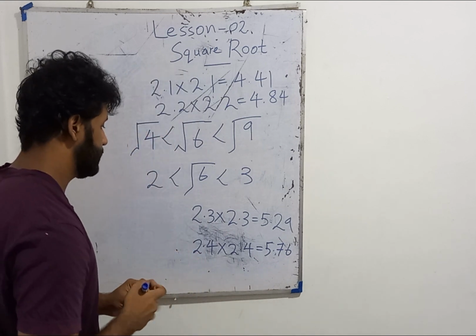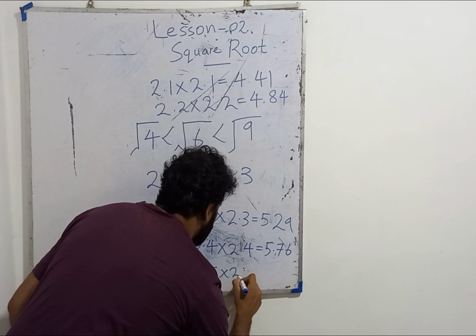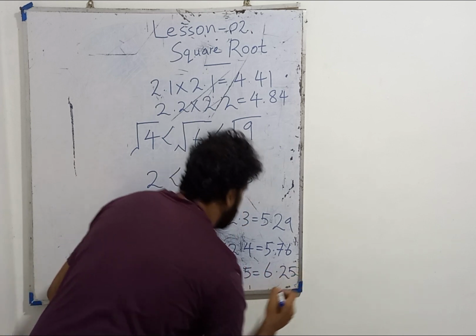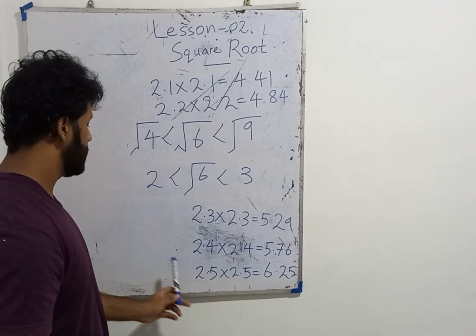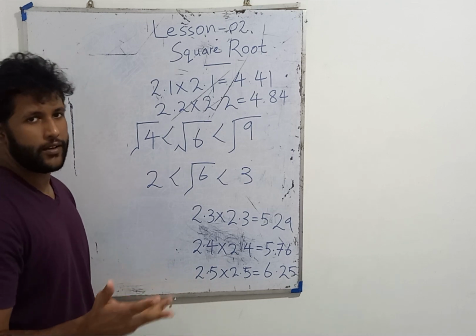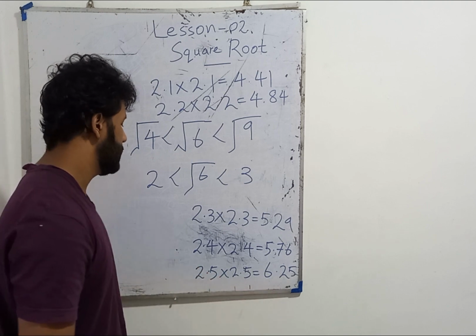Then 2.5 into 2.5, by the way, this is very easy, 6.25. I already told you a little trick for 2.5, like 25 times 25, or 35 times 35. So this is 6.25.